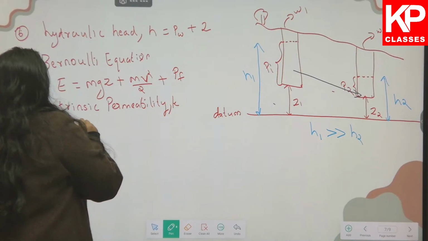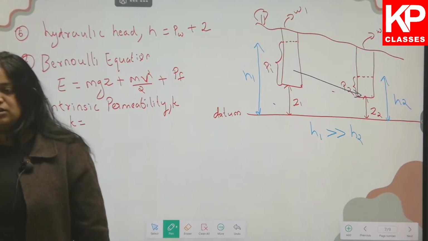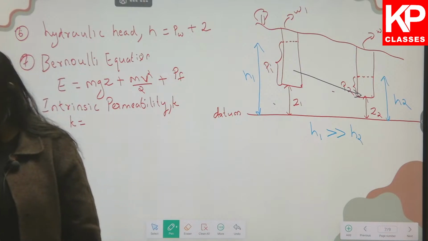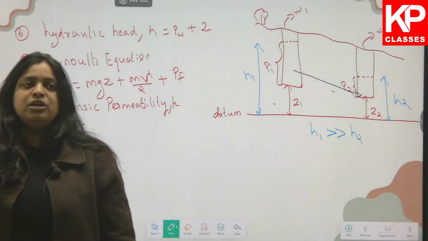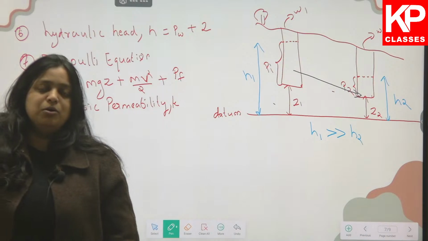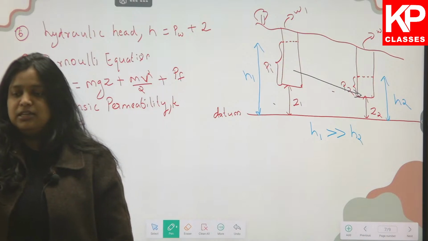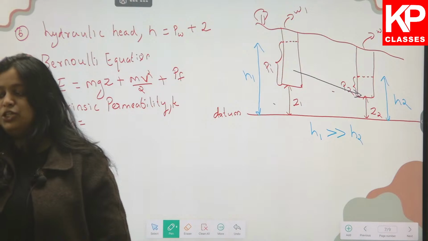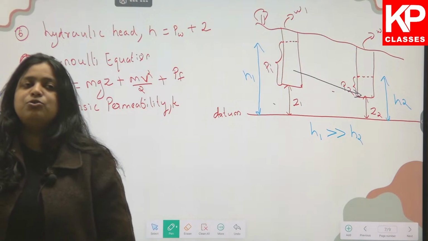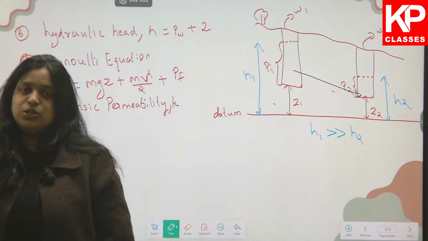Intrinsic permeability simply describes the ability of a geological unit to transmit water. Intrinsic permeability is the measure of the ability to transmit water in a geological unit.